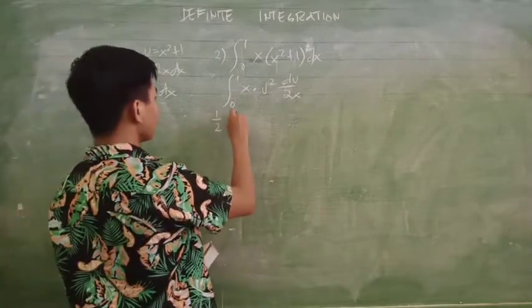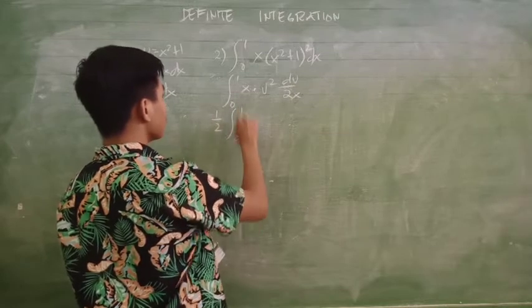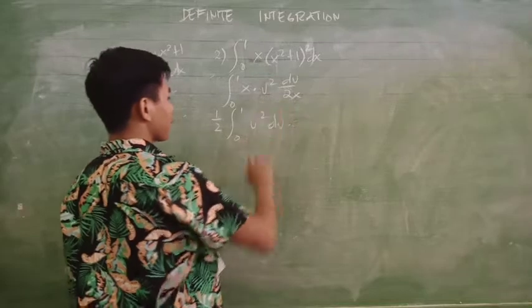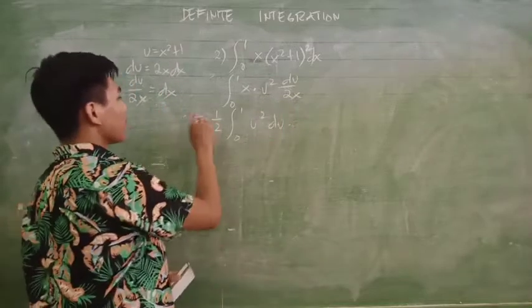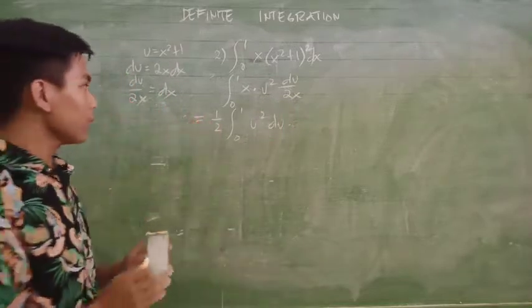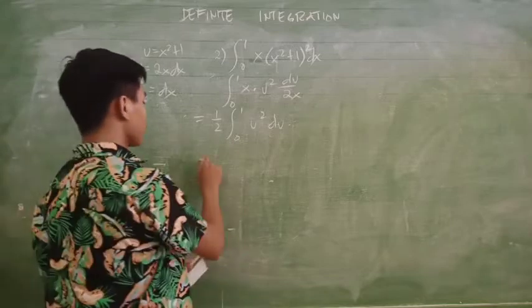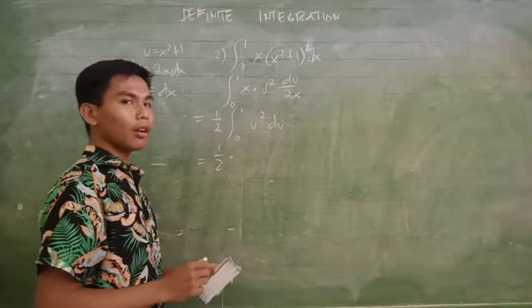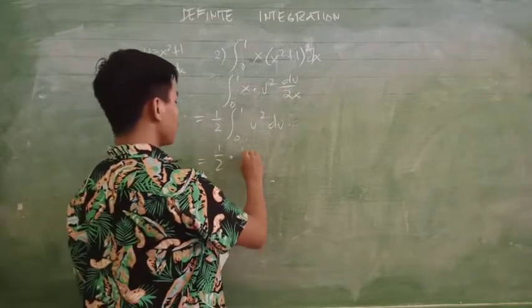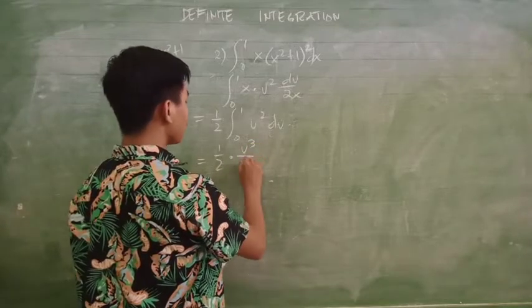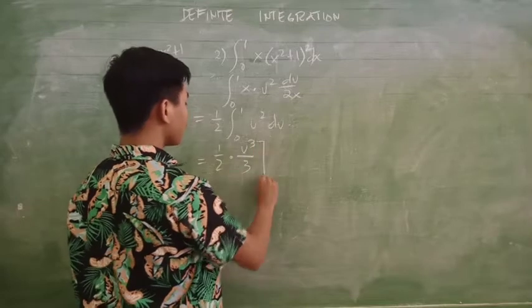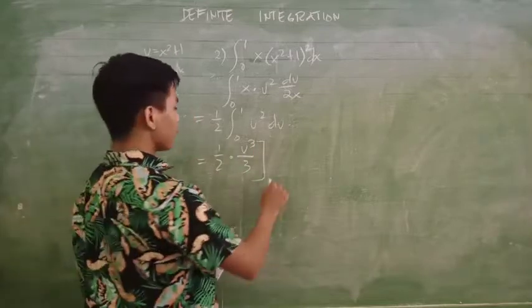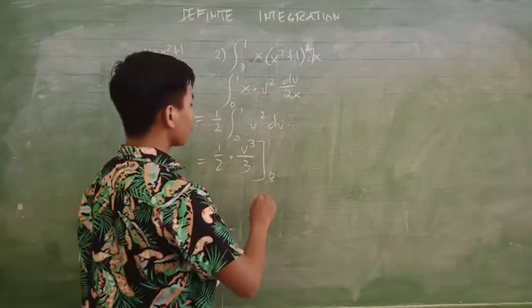This will be 1 half integral from 0 to 1 of u squared du. So now we can integrate the function. So this would be 1 half times integral of u raised to 2, which would be u raised to 3 over 3. And don't forget the bracket of lower and upper interval.